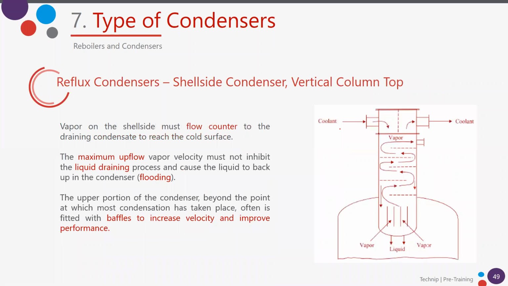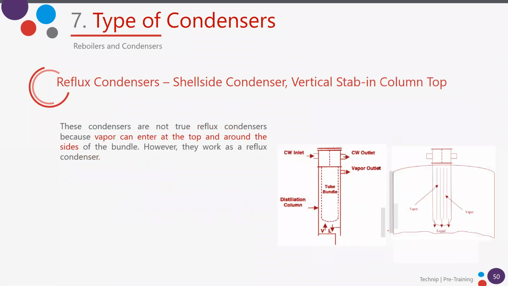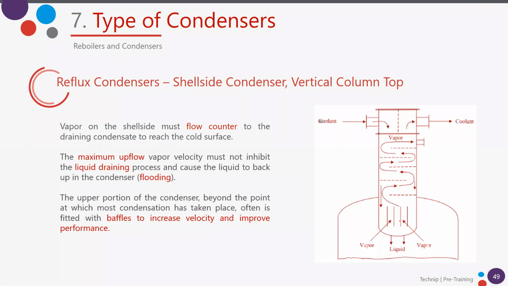And this one, as I said, is very similar to this one. This is used when we do not want to increase the column length. So we just mount the condenser on the column, and here we have some reinforcers to place our condenser on top of the column.